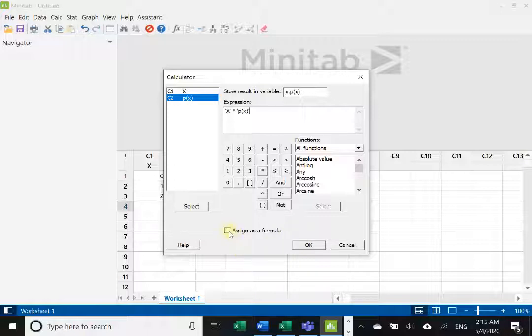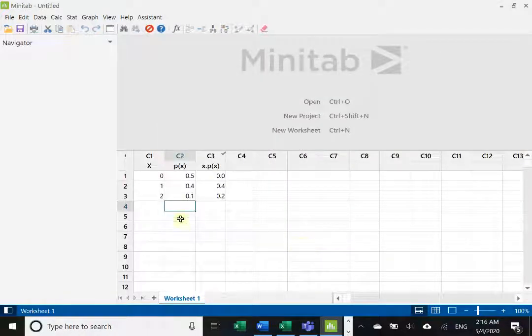Now, here's the thing, by the way, folks. Let me do this. I'm going to assign as a formula here, to show you what's going to happen, whether you check or uncheck this. First, I'm going to check it. And of course, there you go. Now notice here, there is a green check, and it actually shows you what that formula is: X times px.